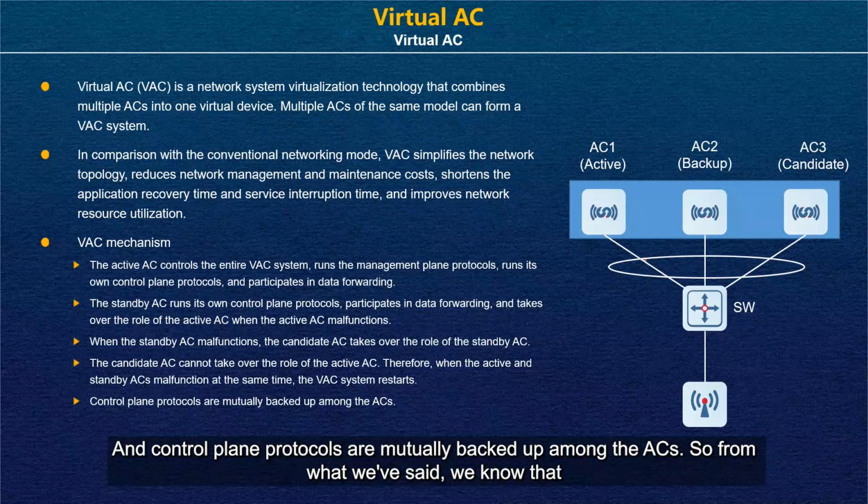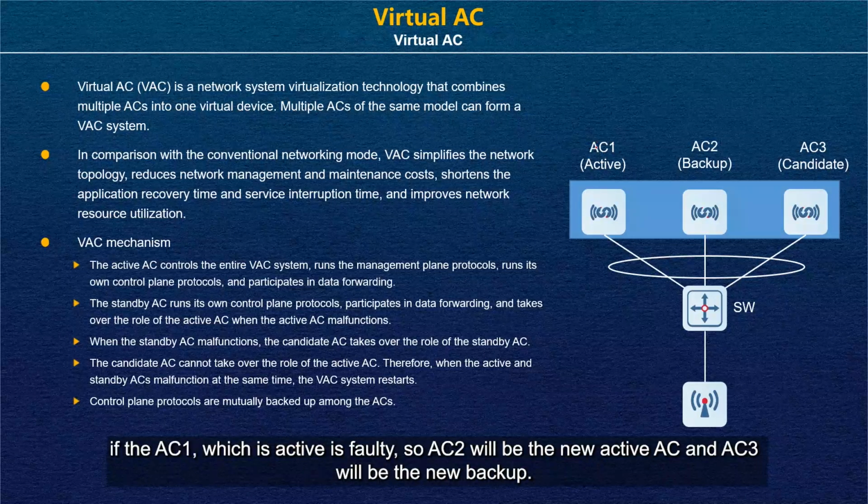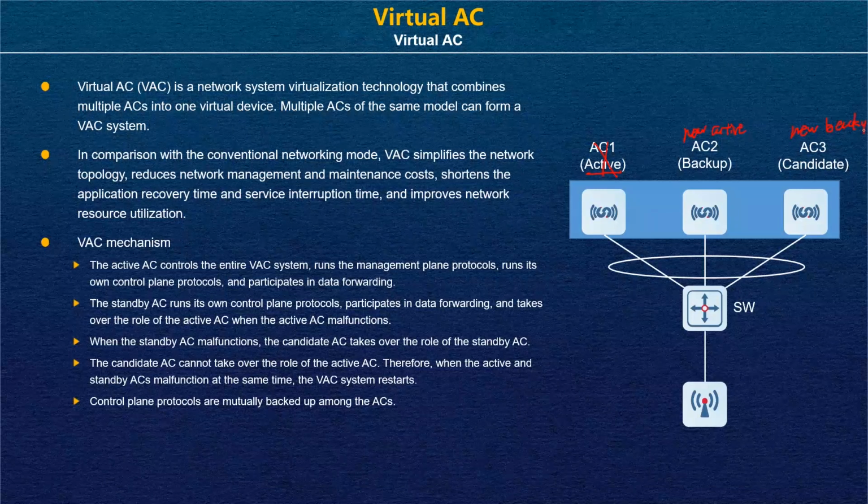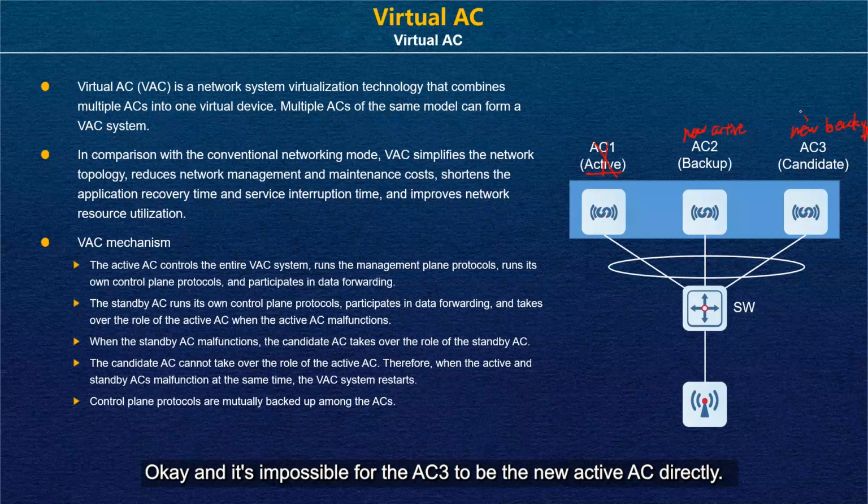So from what we have just said, if AC1, which is the active AC, is faulty, AC2 will be the new active, and AC3 will be the new backup. And it's impossible for AC3 to be the new active AC directly.